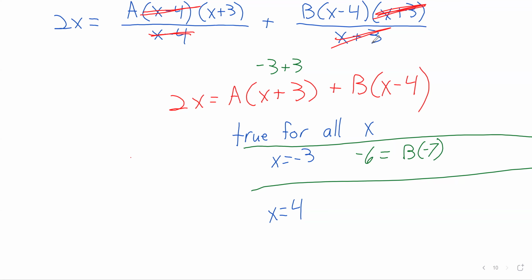So now you have an expression that just has the B in it, and you can solve for the capital B. The negatives cancel. B is 6 divided by 7.